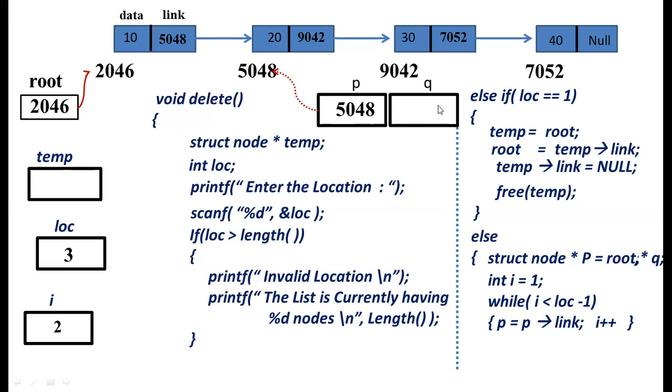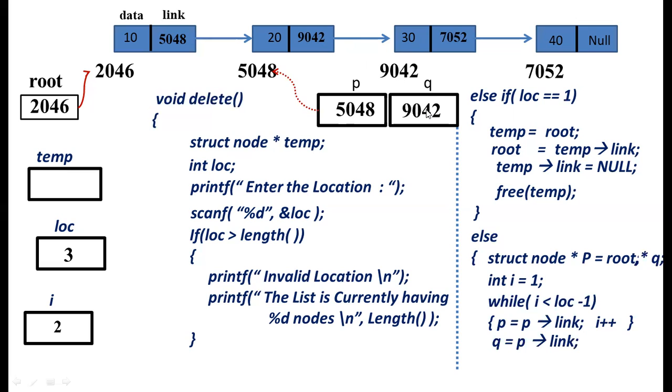So in q, the address value needs to be 5042, which must point to this node. So here into q, we are storing the p2 link value. So p2 link is equal to q. The p2 link value is 9042, so 9042 will be stored into q.